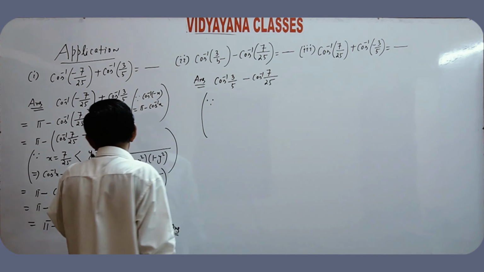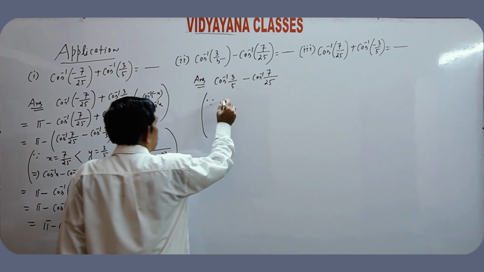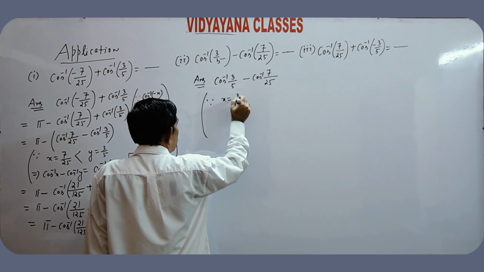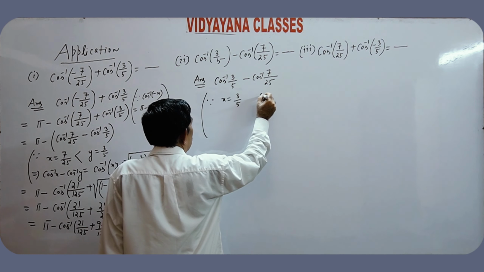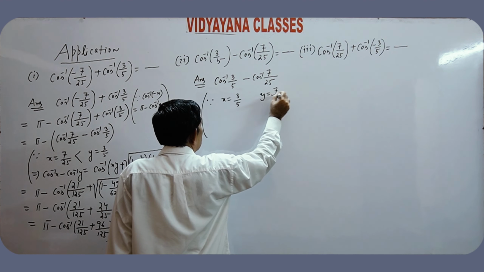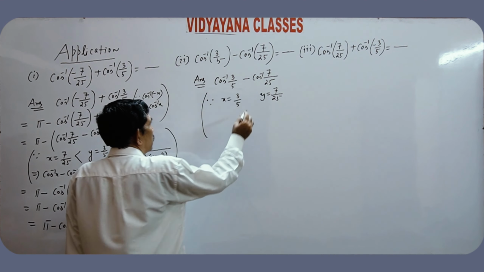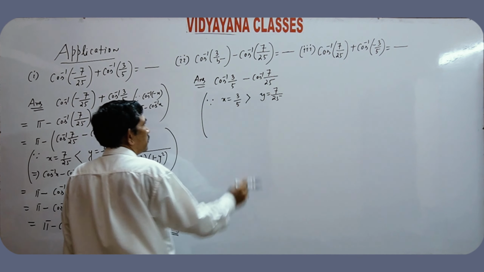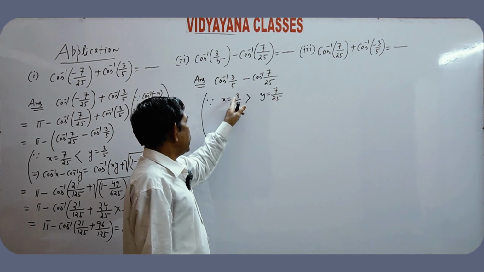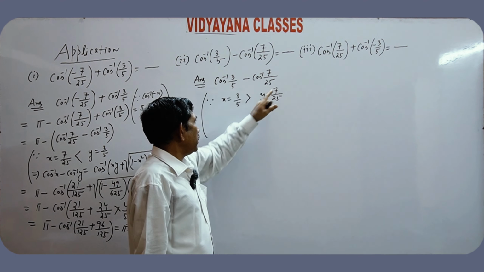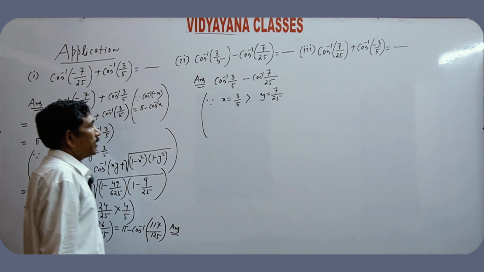Since x is equal to 3 by 5, y is equal to 7 by 25, it is 25 into 3, that is 75, greater than 35.